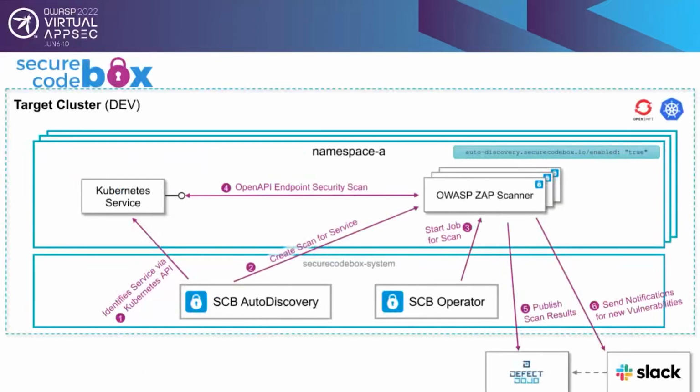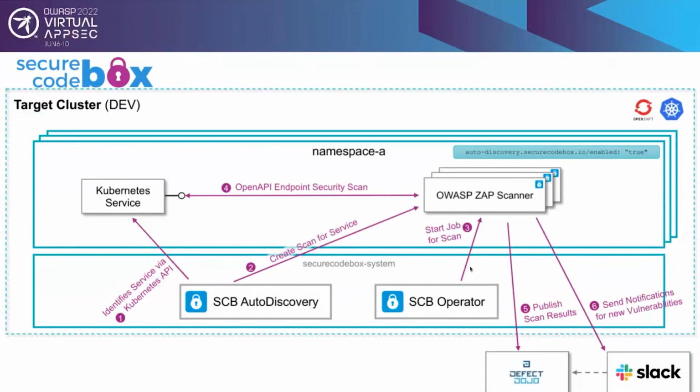So this is Secure Codebox, which you deploy in a Kubernetes cluster. And in the Kubernetes cluster, when you deploy a new service, the auto discovery recognizes, hey, there is a new service deployed, so I create a scan for it, an OWASP instance for it.